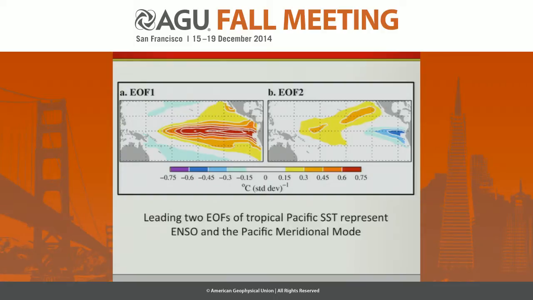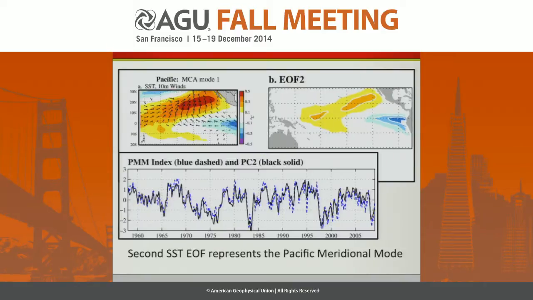And on the right, I'm going to represent the Pacific meridional mode as the second EOF of sea surface temperature over the tropical Pacific. And justification of that comes from looking at the time series of those two, the Pacific meridional mode, which is determined via maximum covariance analysis between SST and surface winds.